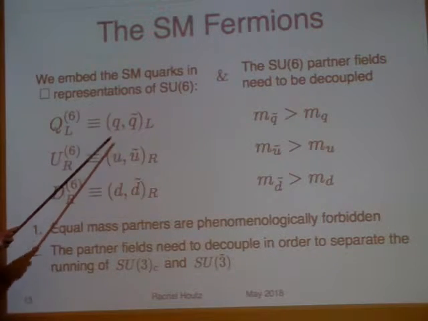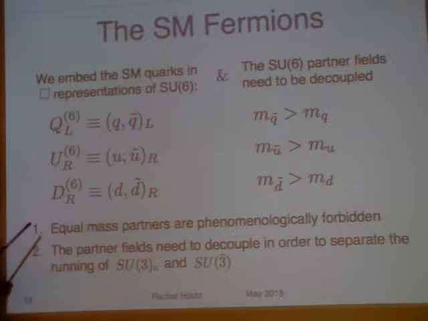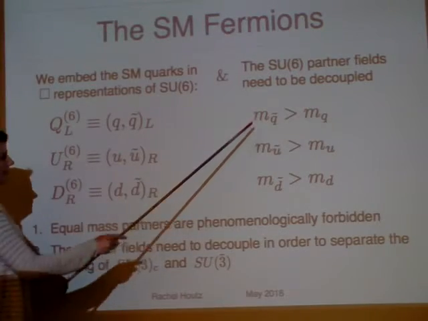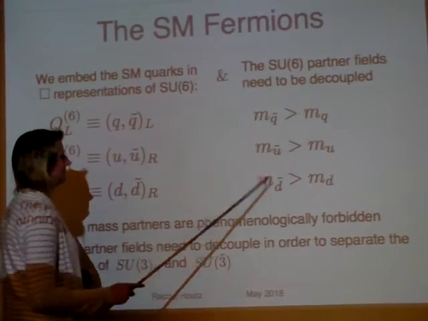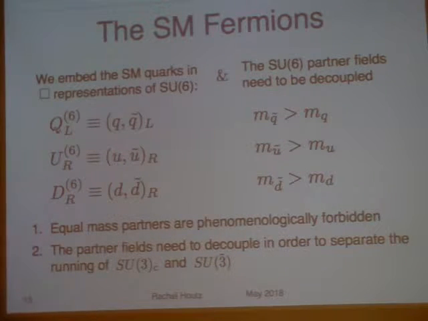So we have this Q tilde, U tilde, D tilde for the quarks. And we want these SU(6) partner fields to be decoupled, right? So we want the mass of Q tilde to be much larger than the mass of Q, the same with U tilde and D tilde. And we want these to be decoupled because obviously the mass of the partners are phenomenologically forbidden.